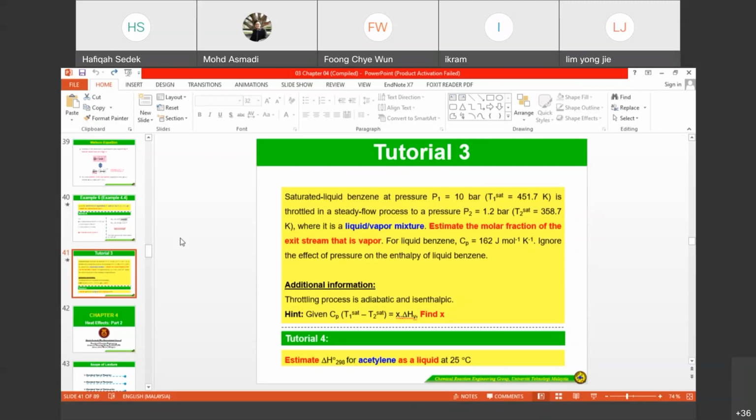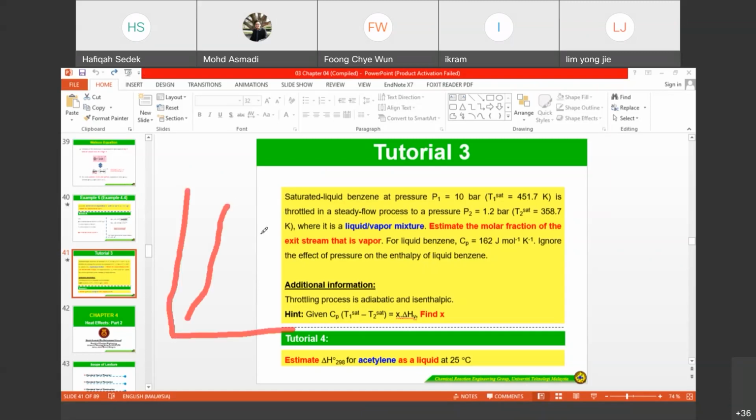If you look at tutorial 3, saturated liquid benzene at pressure P1 equal to 10 bar, with T saturated given for the first condition as 151.7 Kelvin, is throttled in a steady flow process to a pressure P2 of 1.2 bar, T2 saturated of 158.7 Kelvin, where it is a liquid-vapor mixture, meaning that from the saturated liquid, it starts from this one.